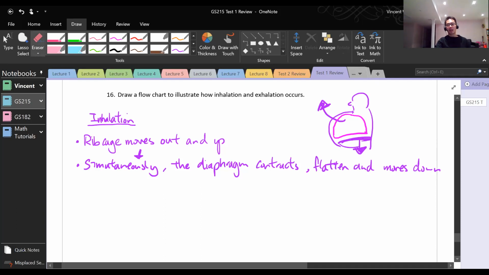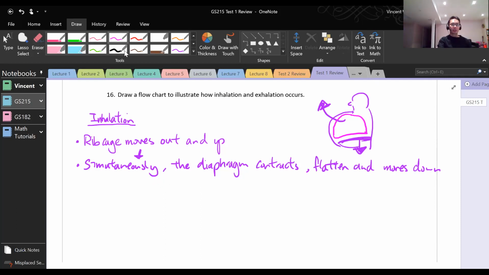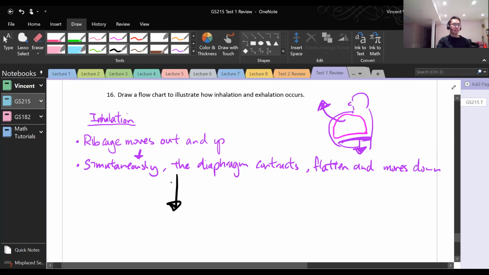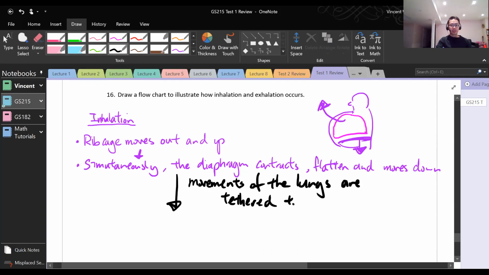If the diaphragm moves down, it will pull the lungs down with it as well. So collectively, the movements of the lungs are tethered to the movements of rib cage, and diaphragm.